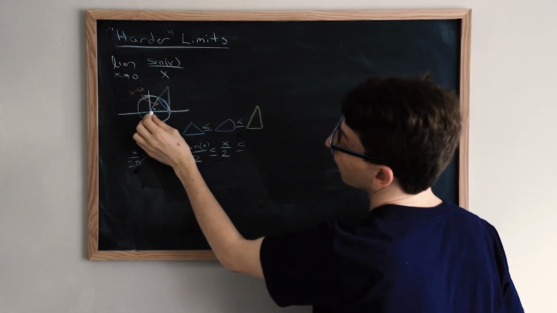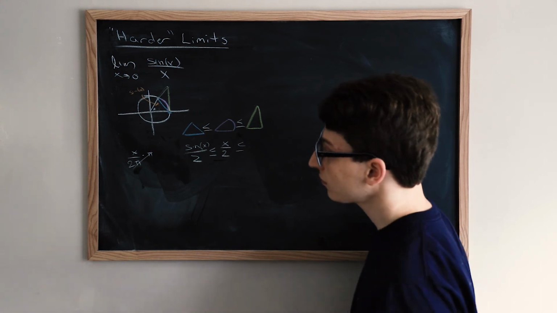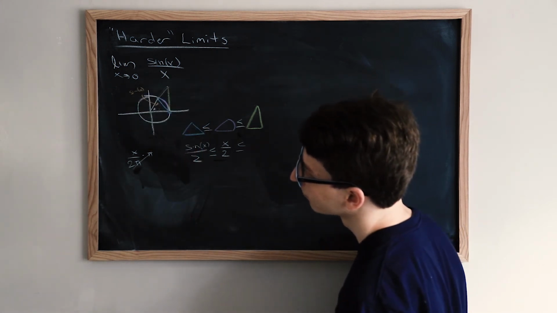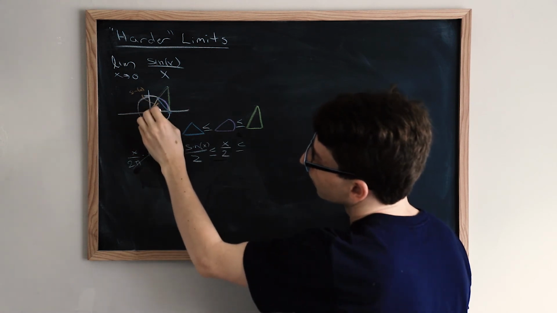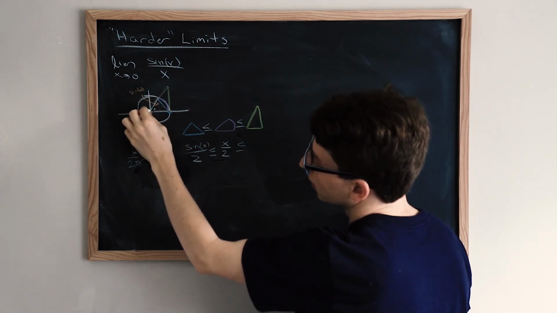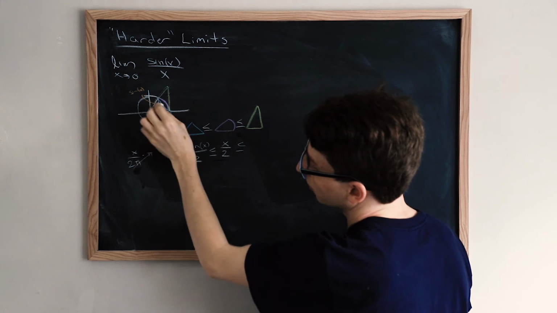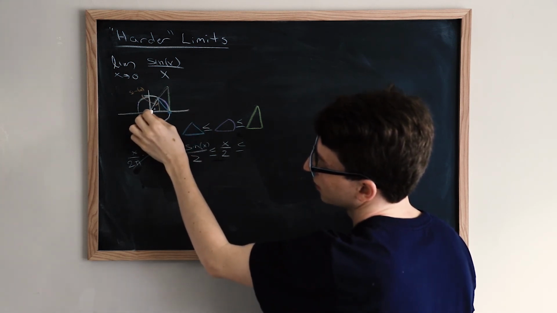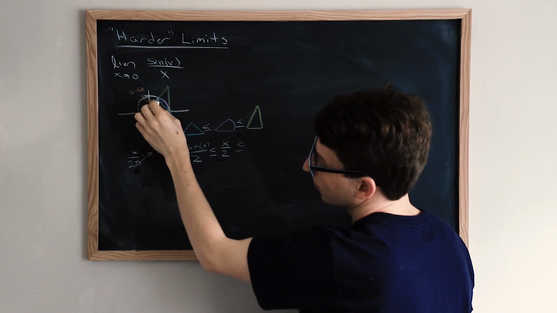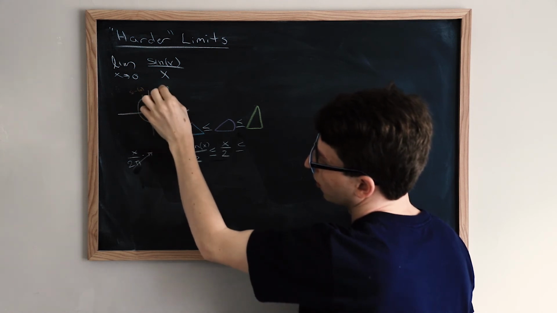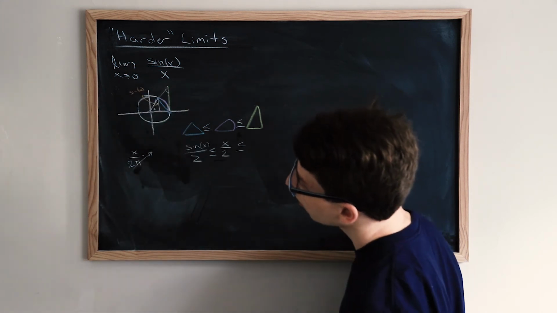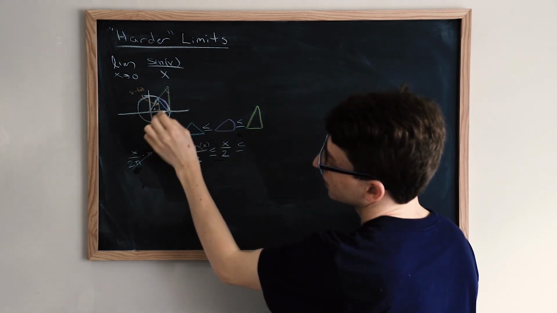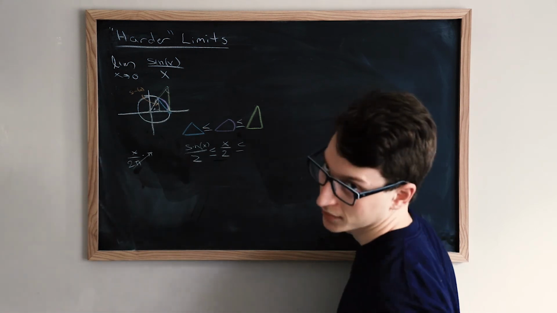Well, we have the base is 1, and what's this height here? Well, let's see, it looks like this smaller triangle right here is going to be similar to this bigger triangle because it has the same angle, and it's hard to see, but these two angles are also going to be the same because this is 90 degrees on both sides, so 90 minus x is going to be the same there.